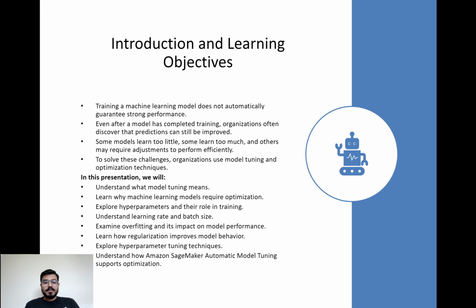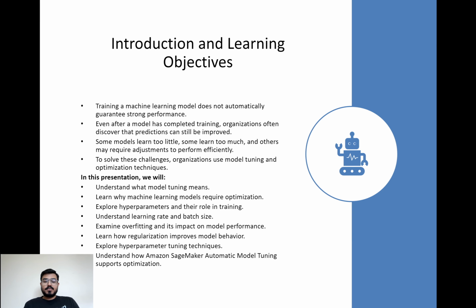Before we discuss specific tuning techniques, let's first understand why tuning is necessary. Many people assume that once a machine learning model finishes training, it is immediately ready to be used. In reality, this is often not the case. A model may complete training successfully, but its predictions may still contain errors.